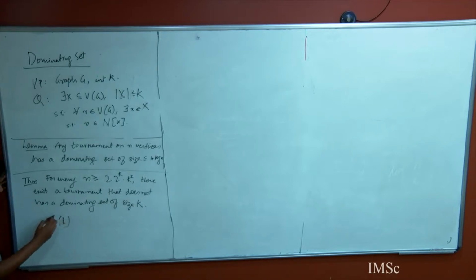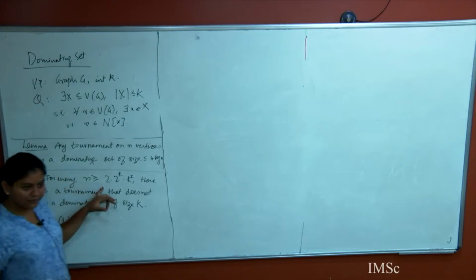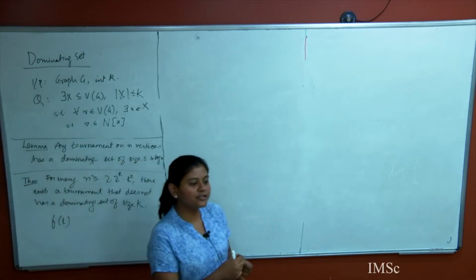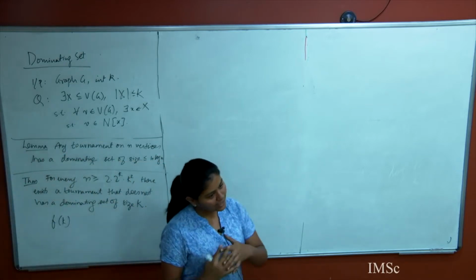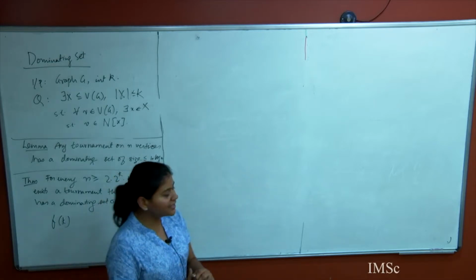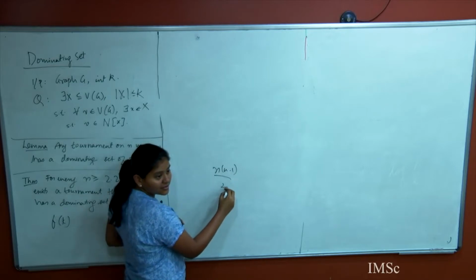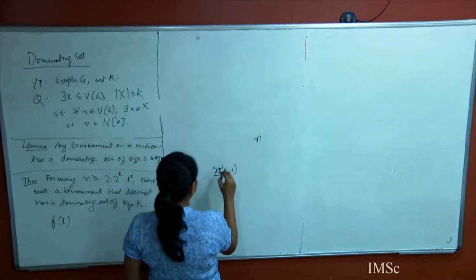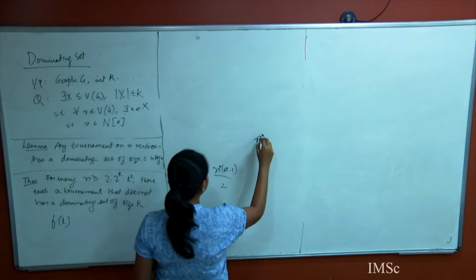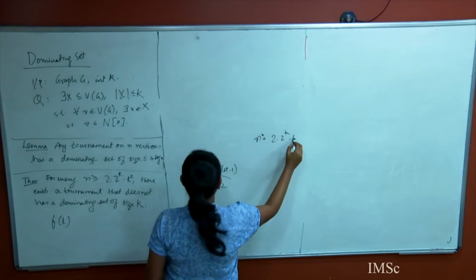Take n exactly equal to this and try all possible orientations of the arcs. How many such possibilities are there? Let's fix n star to be 2 into 2 to the k into k square.